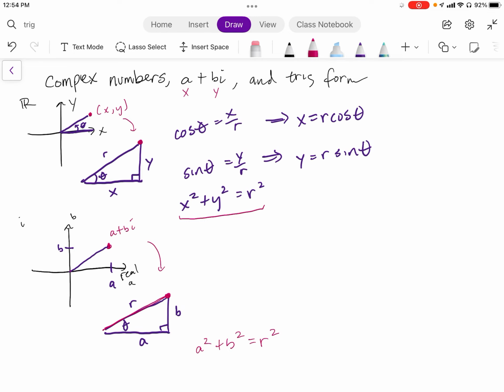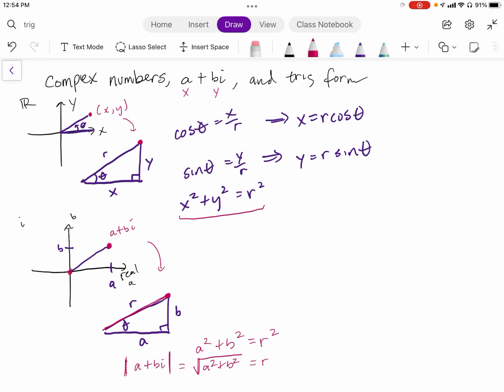What is the length from the origin to that point, that complex number? We could still do Pythagorean theorem, but we often call that the absolute value form. So when we do r, we get the square root of a squared plus b squared, and what we call that is the absolute value of a plus bi.